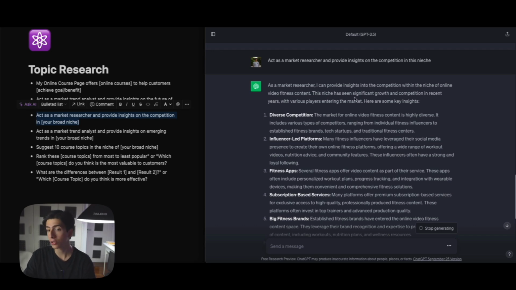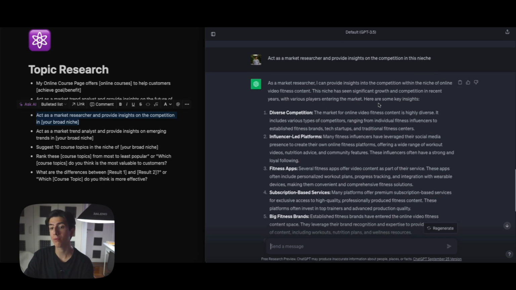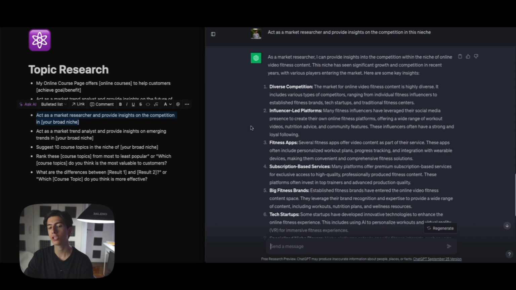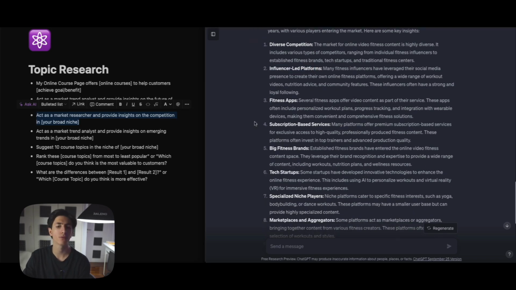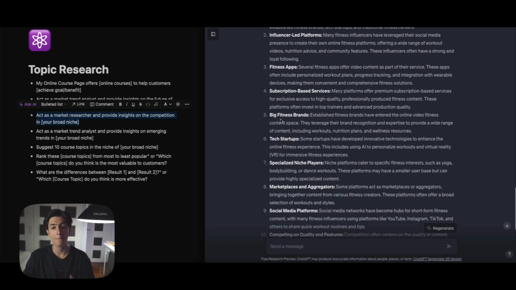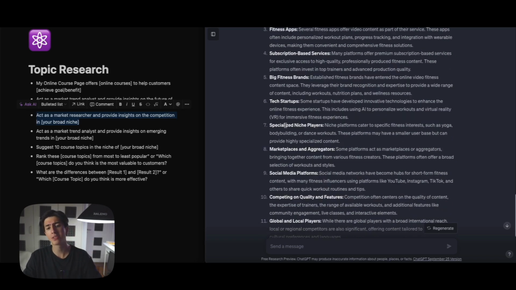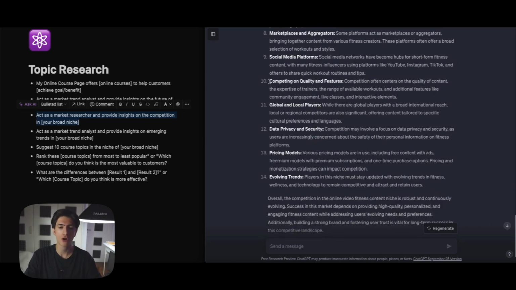This niche has seen significant growth and competition in recent years, with various players entering the market. Here are some key insights. So we got all of those competitors, for example, diverse competition, influencer-led platforms, fitness apps, subscription-based services, big fitness brands, tech startups. All of those are our competitors.